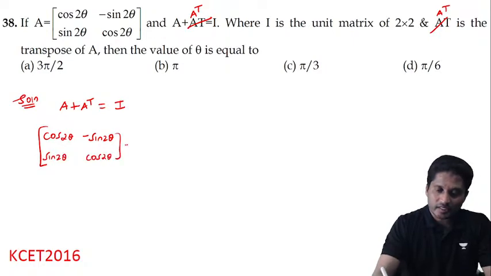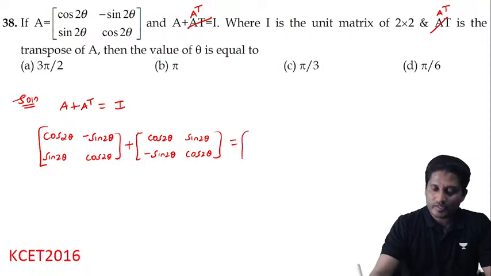A plus A transpose. First row becomes first column, that is cos 2 theta minus sin 2 theta. Okay, second row, second column is sin 2 theta and cos 2 theta. Equal to I will be equal to 1001.